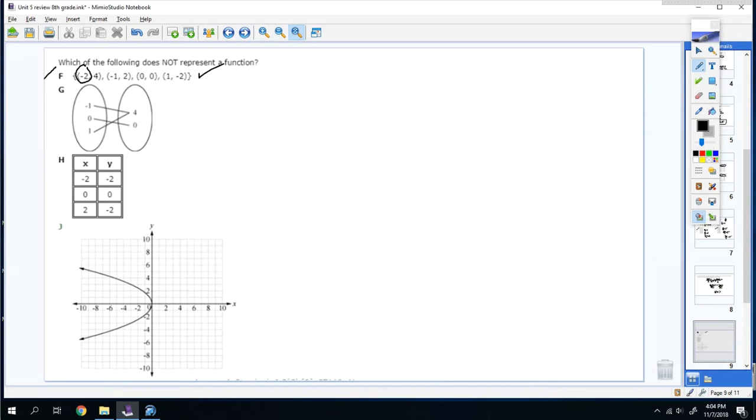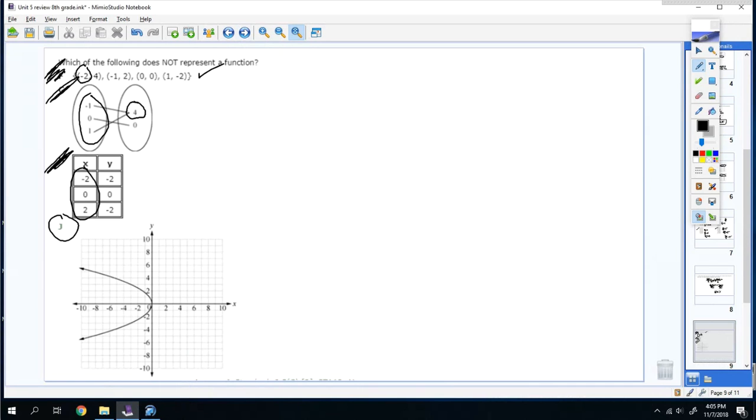So this is not the right answer. So G is a function, even though their output has 2 4s in it, because -1 goes to 4, 1 goes to 4. That's perfectly fine because these x numbers do not repeat. So that's not correct as well. H is not correct because none of these numbers repeat.